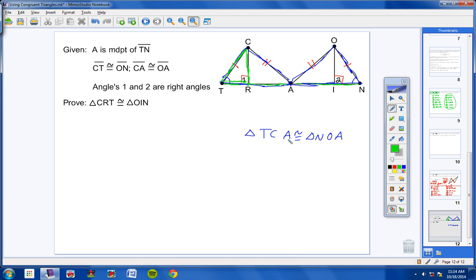So I think I've got a pretty good plan of attack, but I want to go over this one more time, okay? Just to make sure we're all on the same page here.